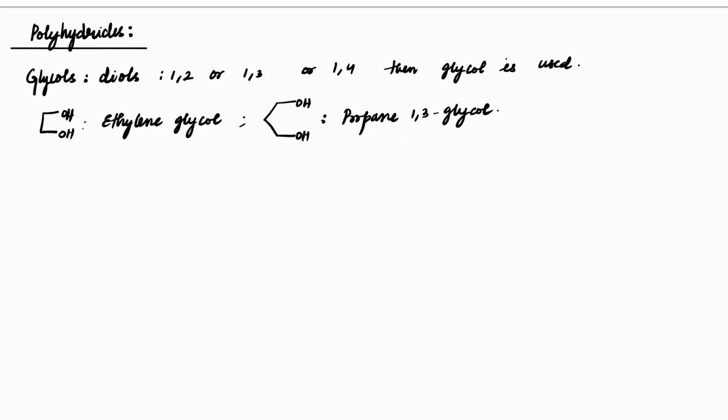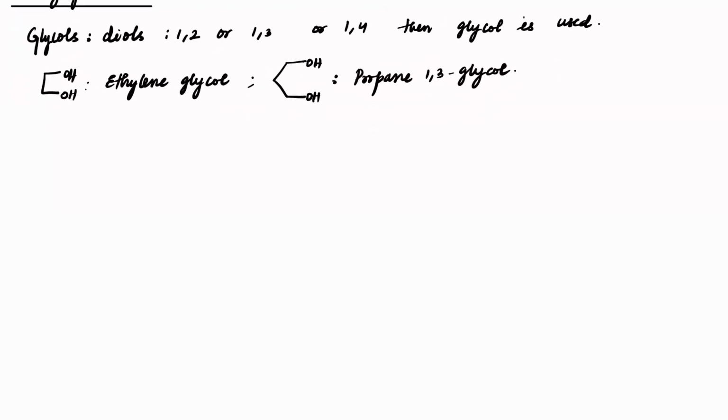Okay, so like this we can have different glycol forms. Preparation wise, and for our syllabus, mainly we have 1,2-diol forms. 1,2-diol preparations.